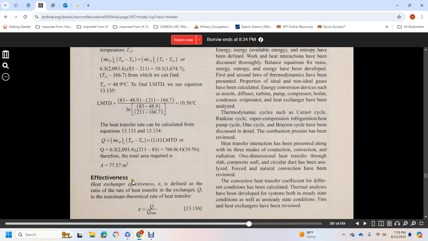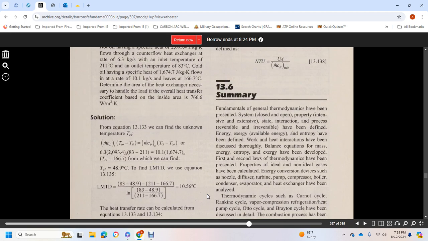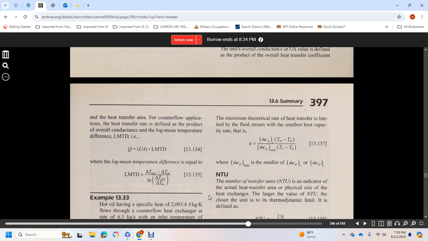Heat exchanger efficiency is defined as the ratio of the actual heat transfer rate Q to Q max, the maximum theoretical rate of heat transfer. The maximum theoretical rate of heat transfer is limited by the fluid stream with the smaller heat capacity rate. The number of transfer units indicates the actual heat transfer area, the physical size of the heat exchanger.